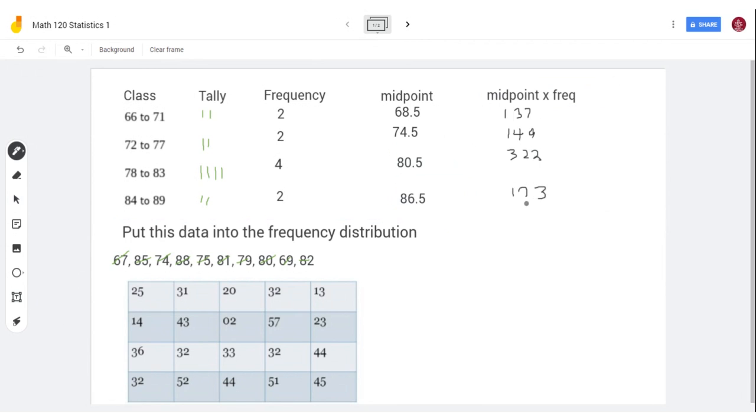All right, so now what we need is two values. We need the total here and the total here. So we already know the total was 10 here. That's going to be the denominator, but we got to have the numerator here.